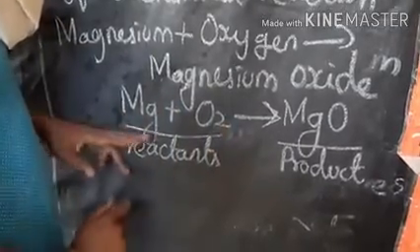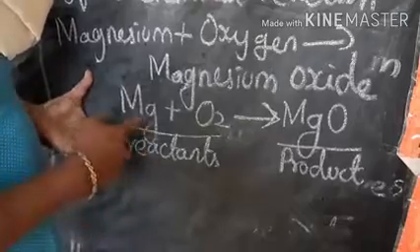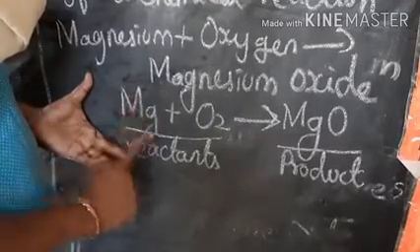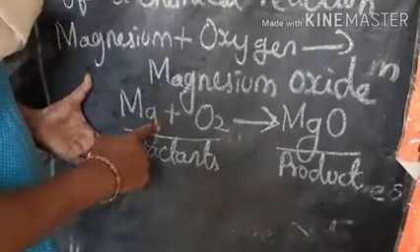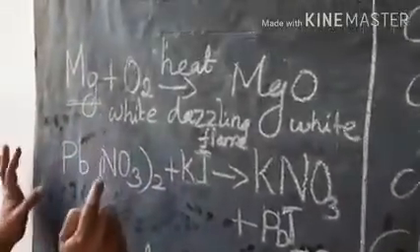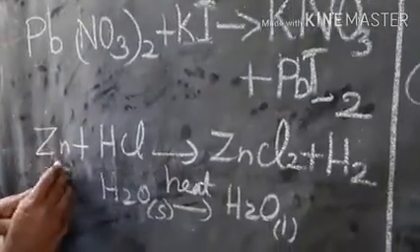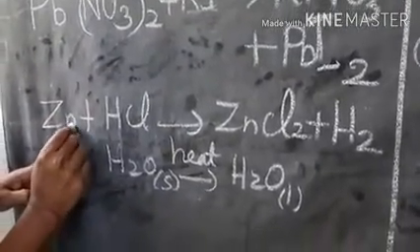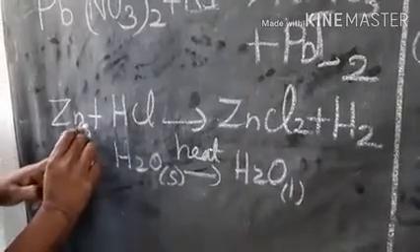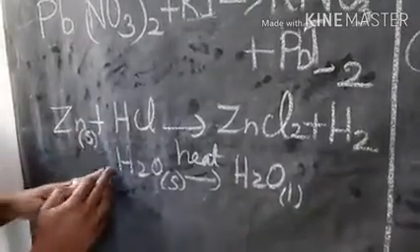Now, while writing a chemical equation, you also have to mention the state. For example, look here, zinc. It is a solid and is a metal, so you have to write its symbol with solid.